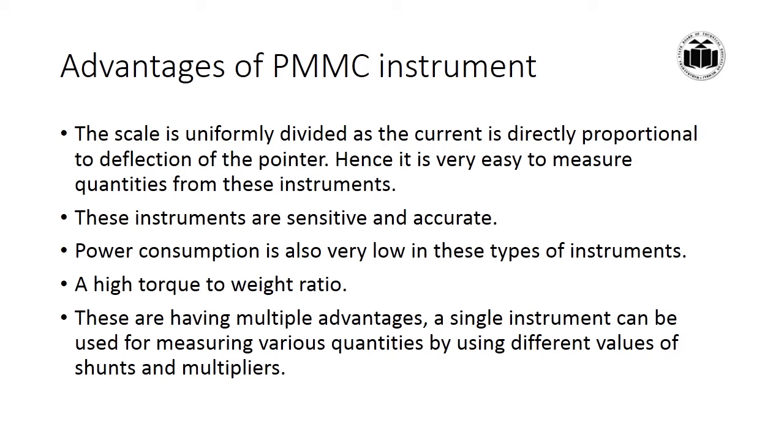The power consumption is also very low in this type of instrument. A high torque to weight ratio. These have multiple advantages, that is, a single instrument can be used for measuring various quantities by using different values of shunts and multipliers.